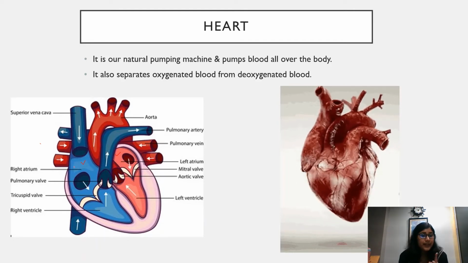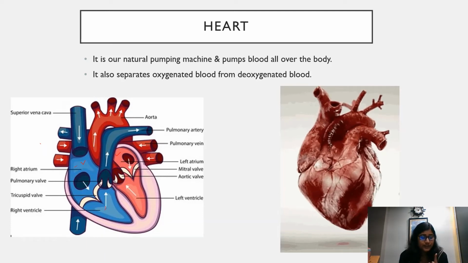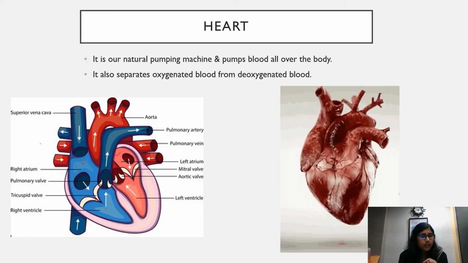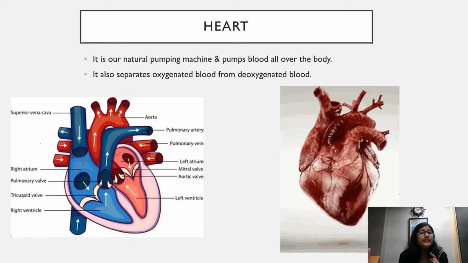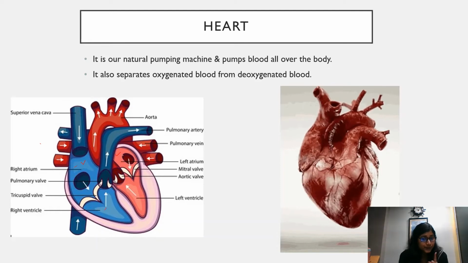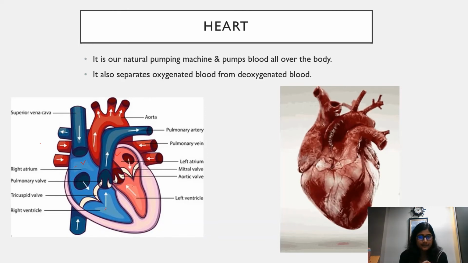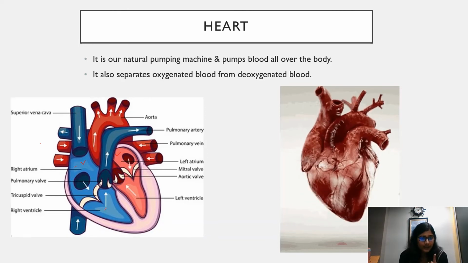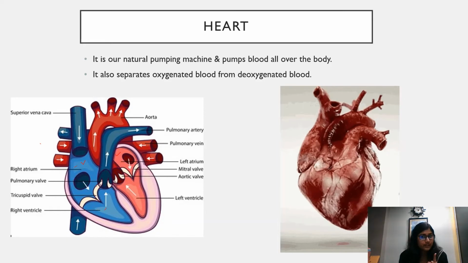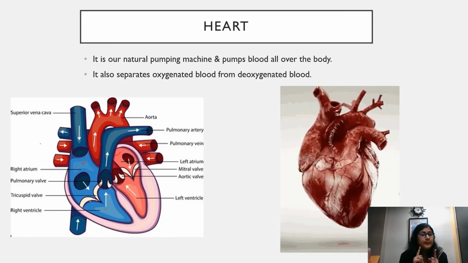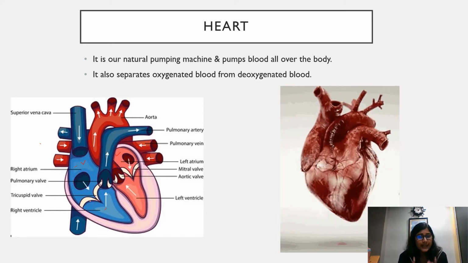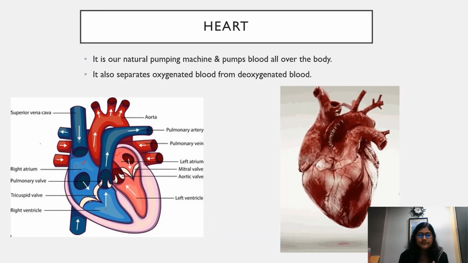That is, the right atrium and right ventricle contain the deoxygenated blood, and the left atrium and left ventricle contain the oxygenated blood. So, the oxygenated blood and the deoxygenated blood are completely separated so that they do not mix.